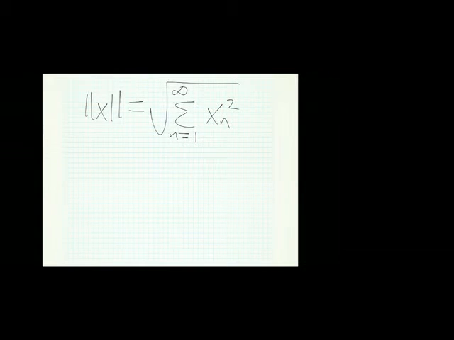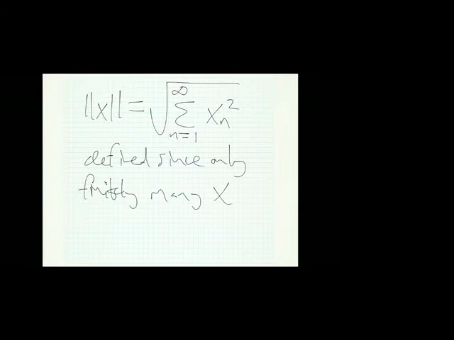So this is defined since only finitely many x_n are non-zero. Really, this is just a fancy way of saying add up the squares of all of the non-zero numbers in the sequence, and then take the square root.